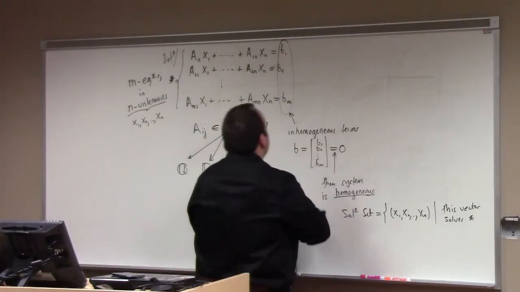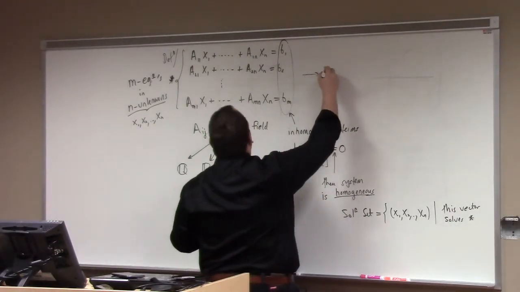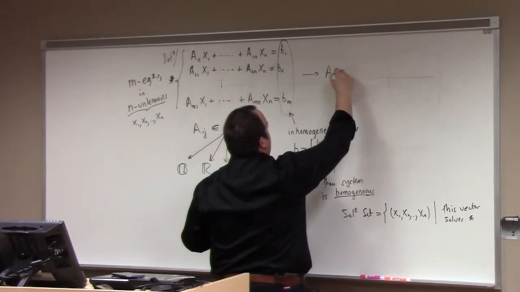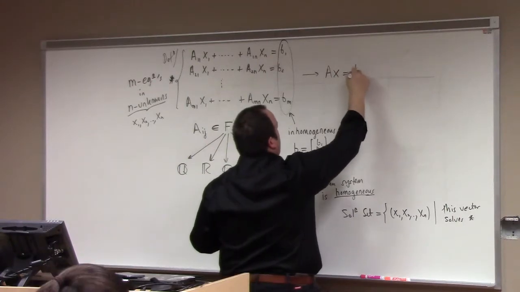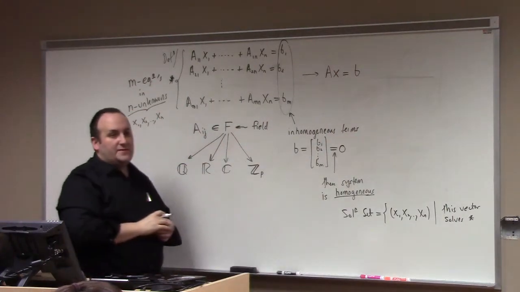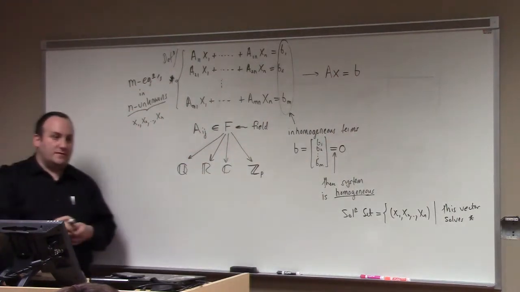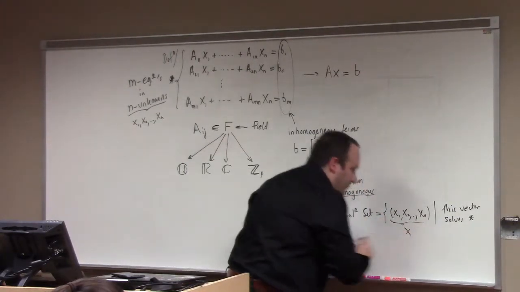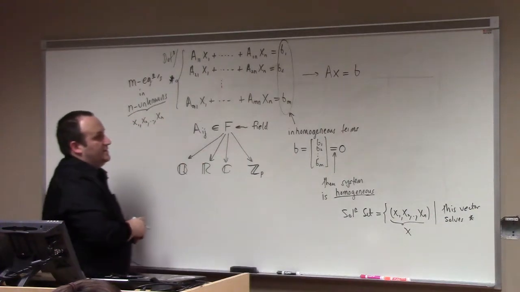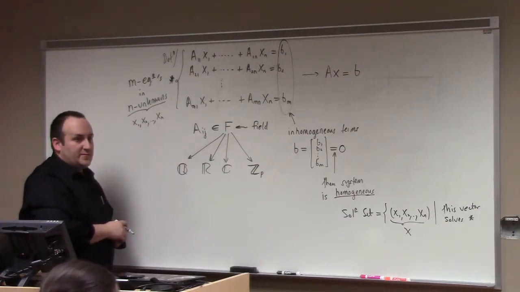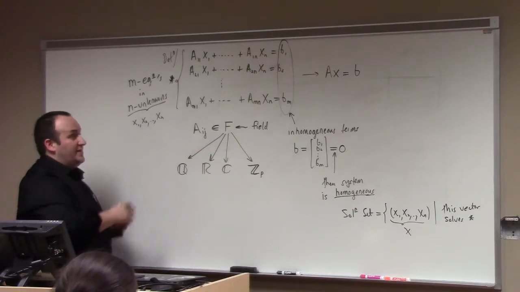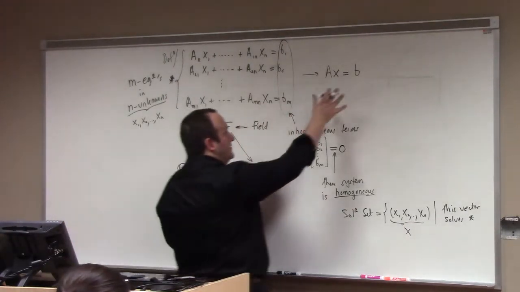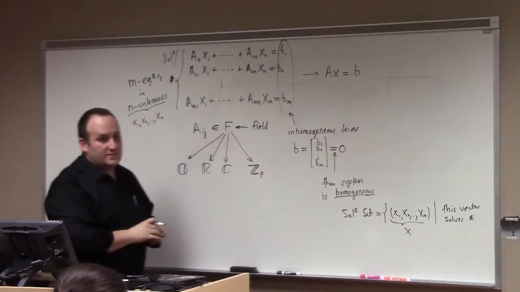Now, as we have seen, you can rewrite this as the coefficient matrix A times the vector of unknowns x equals b. Sometimes I'll use a v for that x. I don't always use x. That's the matrix statement of this system. We have m equations, or we have one matrix equation.